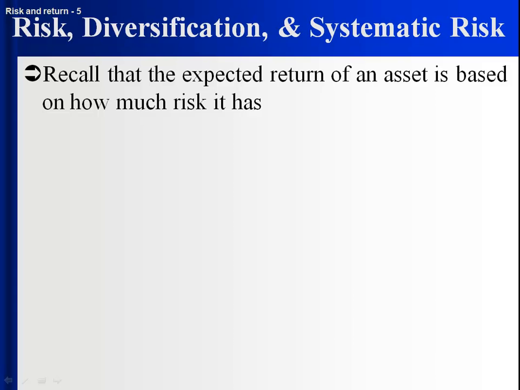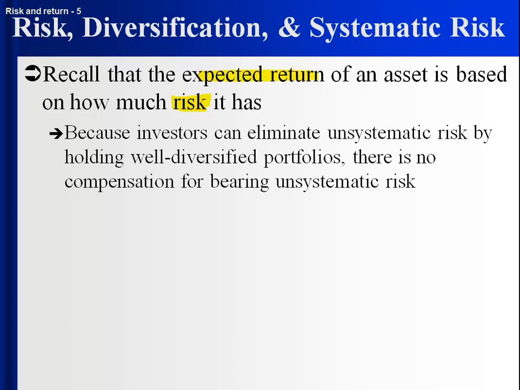We've talked about it. Expected return is tied to risk. Investors can eliminate unsystematic risk. If you hold a well-diversified portfolio, you can eliminate it. Therefore, even if you don't hold a well-diversified portfolio, because you can eliminate unsystematic risk, there's no compensation for bearing it.